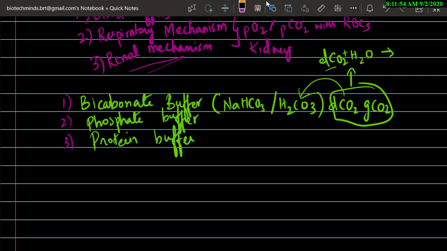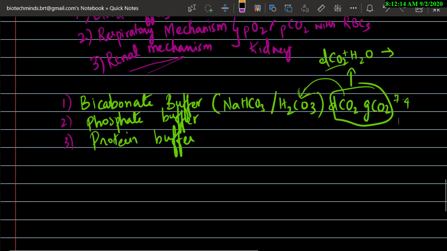That gives you the dissolved carbon dioxide, and this dissolved carbon dioxide mixes with water in order to form carbonic acid. And this carbonic acid, depending on the conditions, either increases or decreases in concentration to maintain a constant pH of 7.4. That is what we call bicarbonate buffer.